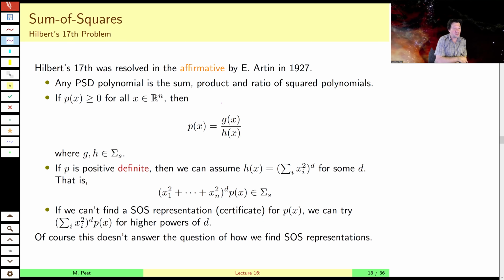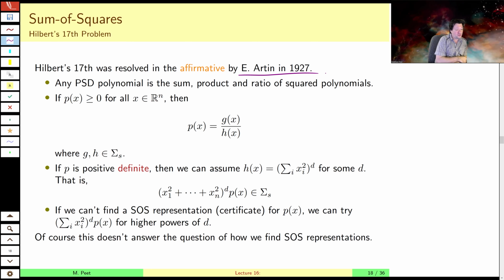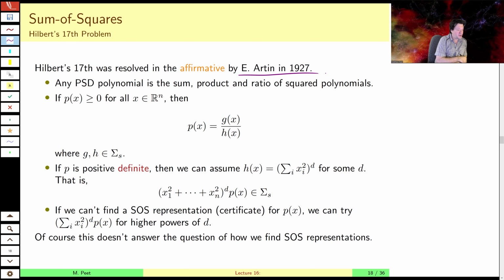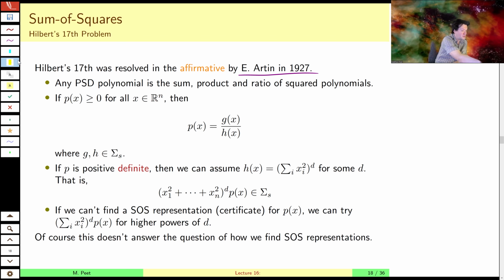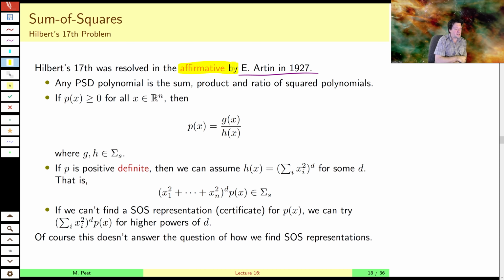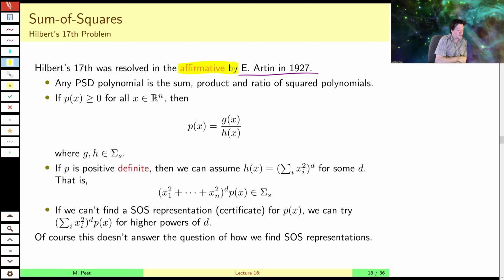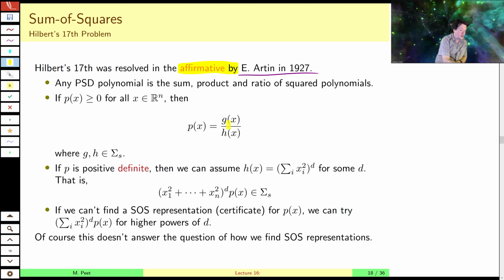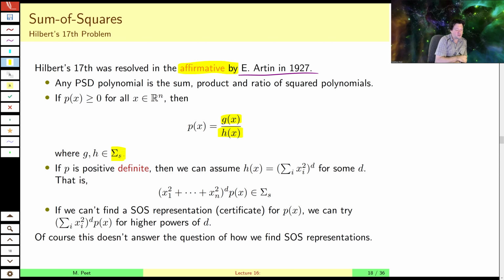It was resolved actually way back in the day, almost 100 years ago, by Artin in 1927, who proved that any positive semidefinite polynomial is a sum, product, and ratio of squared polynomials. So answered in the affirmative. So there was a necessary and sufficient condition for a polynomial to be positive: if it can be represented as the ratio of two polynomials, each of which is a sum of squares.